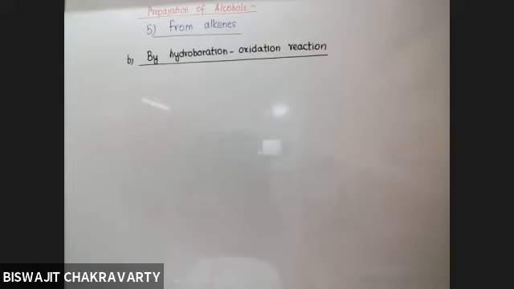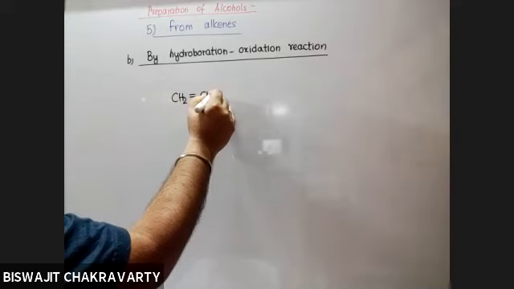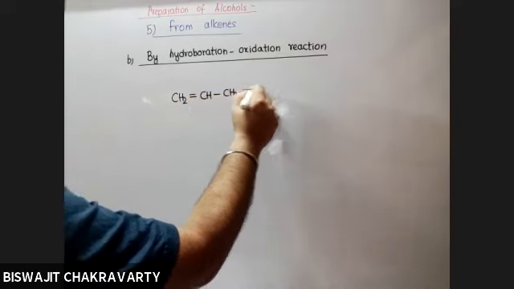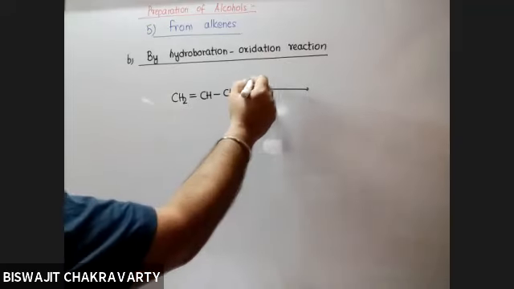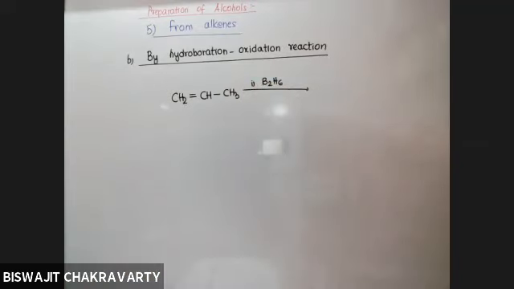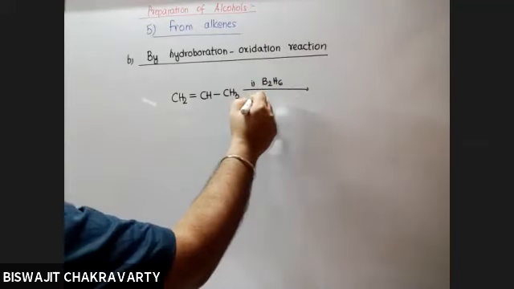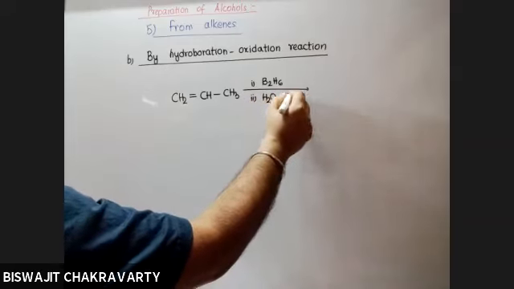You don't require the mechanism for it because relatively it is complicated and it's not required for the syllabus also. But still remember that when you take an unsymmetrical alkene like propene, remember the reagents. Reagent number 1 is diborane, B2H6. And reagent number 2 is hydrogen peroxide in basic medium.